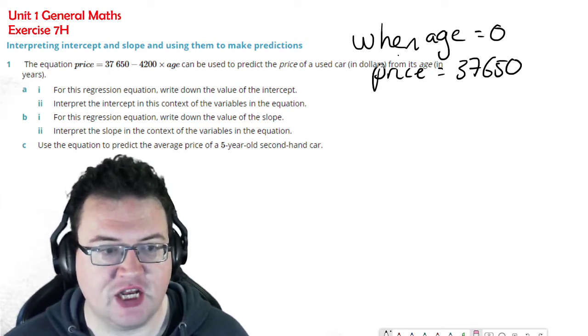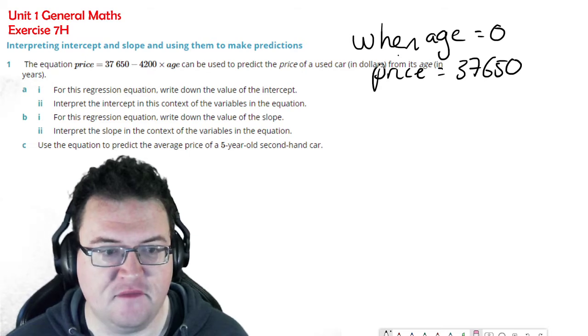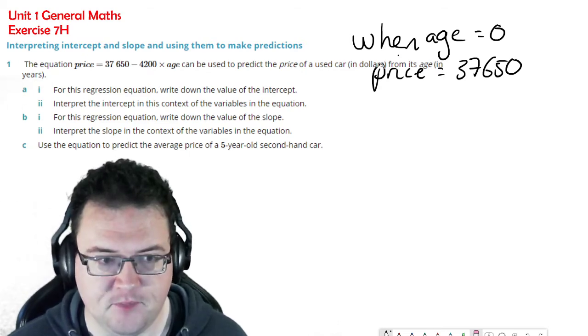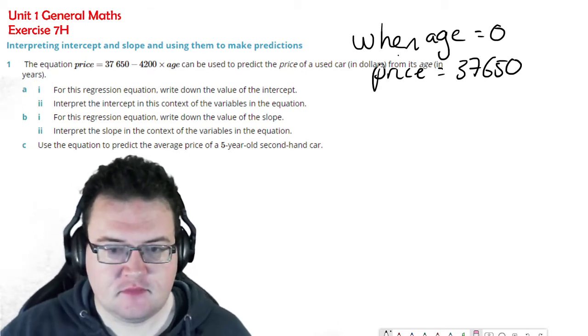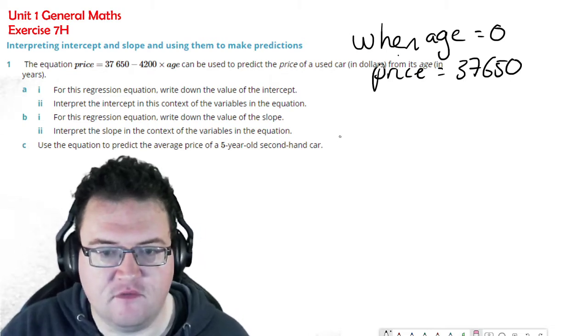For this regression equation, write down the value of the slope.